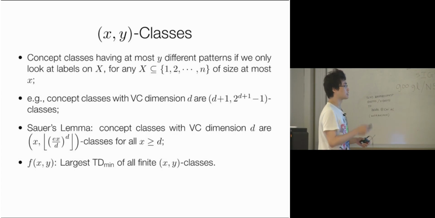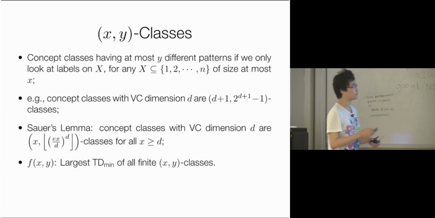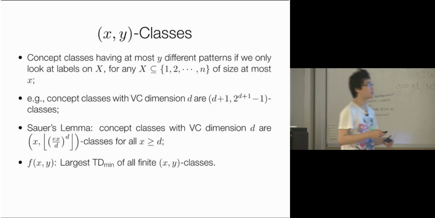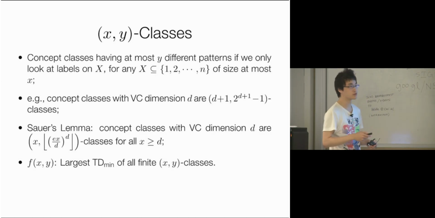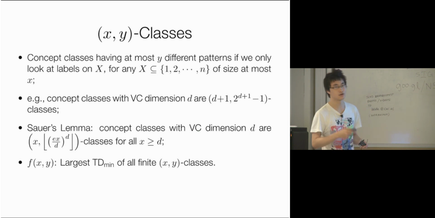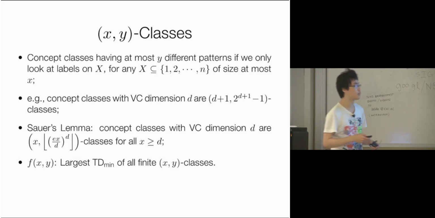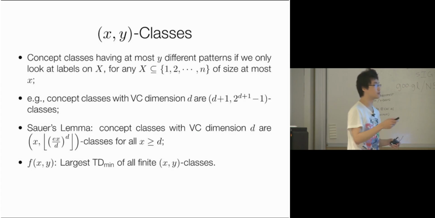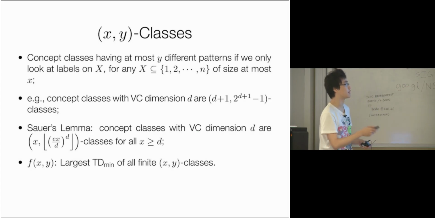For example, VC dimension d means that the concept class is a (d+1, 2 to the d+1 minus 1) class, because the largest shattered set has size d. So every subset of size d+1 is not shattered, so it has to be 2 to the d+1 minus 1. There's a minus 1 there.